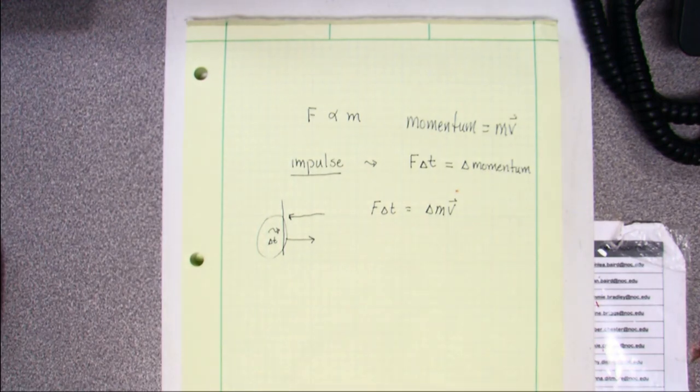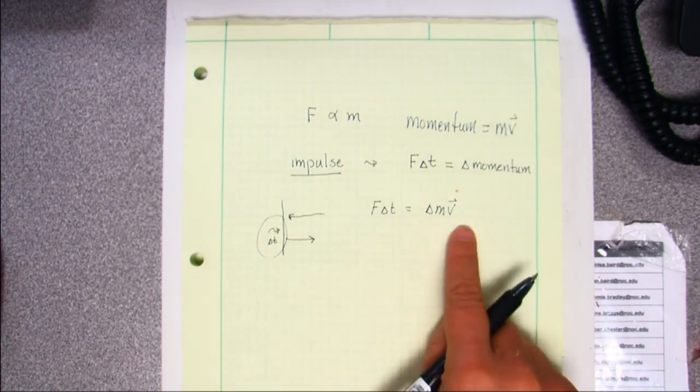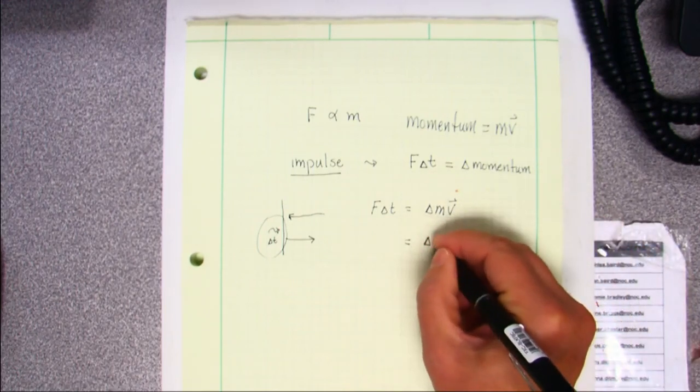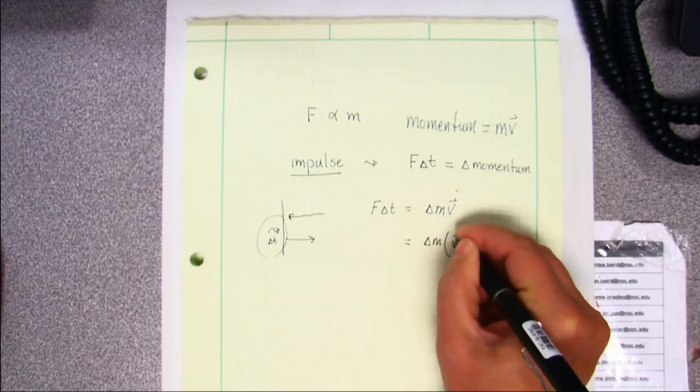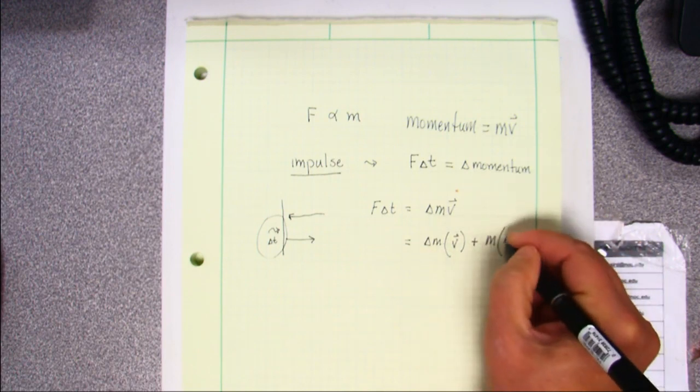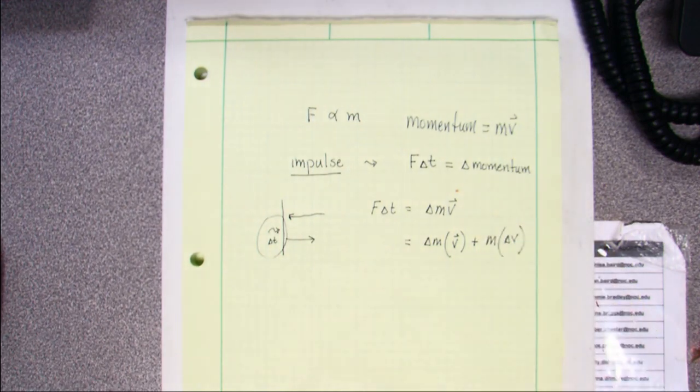Now, there's a weird math trick that allows me to do this change here. So I can do the change in mass times velocity, and this is actually the mass times my change in velocity. So it's a strange math trick.